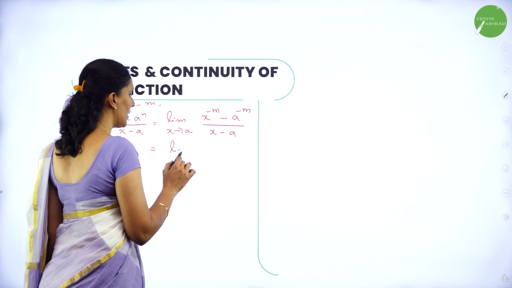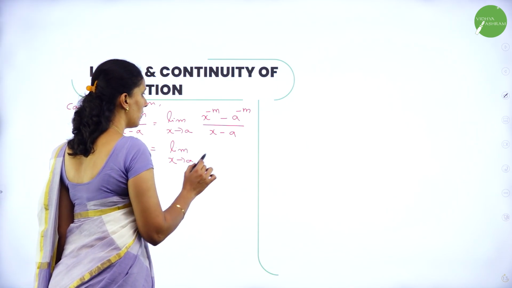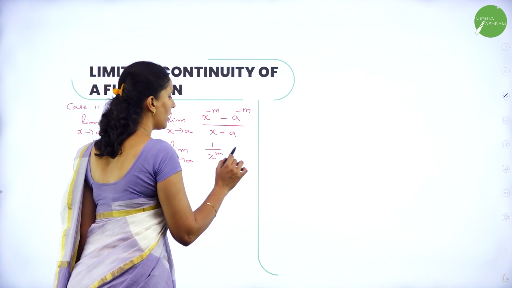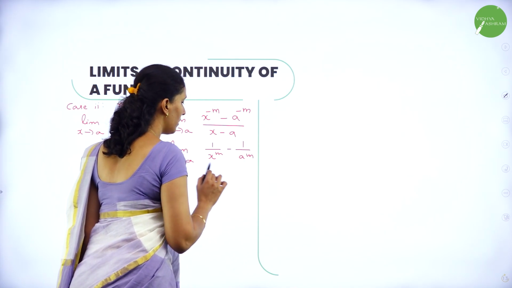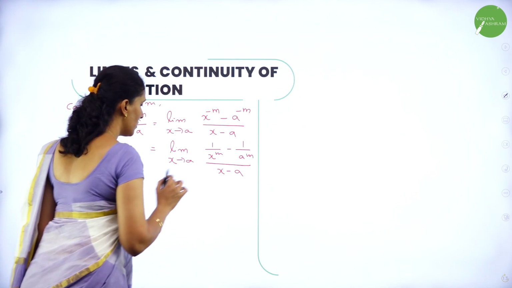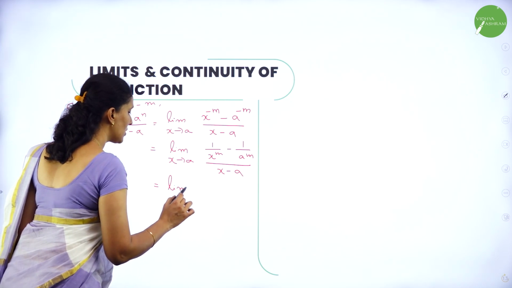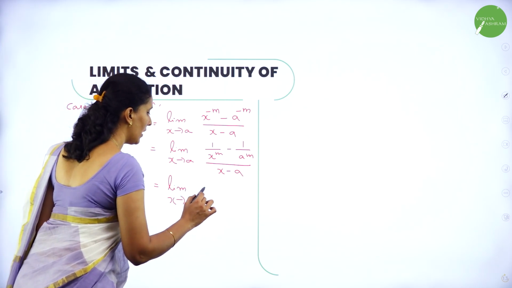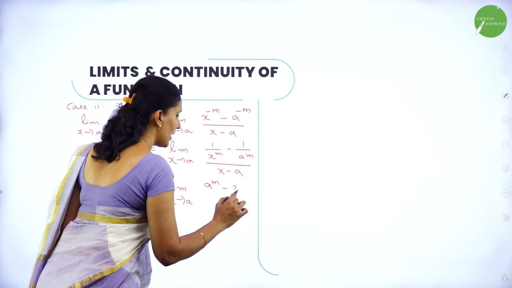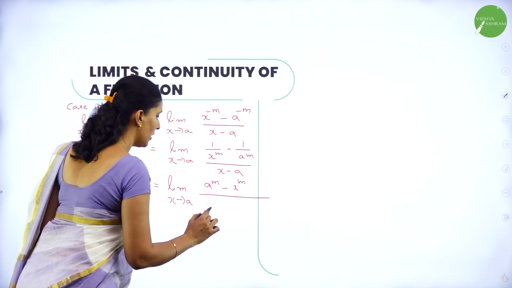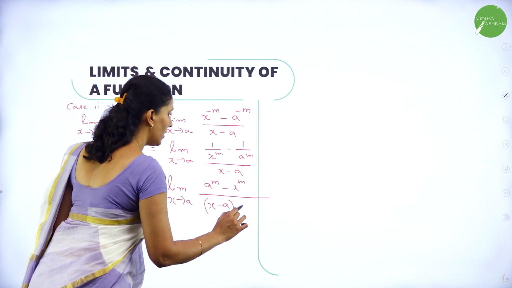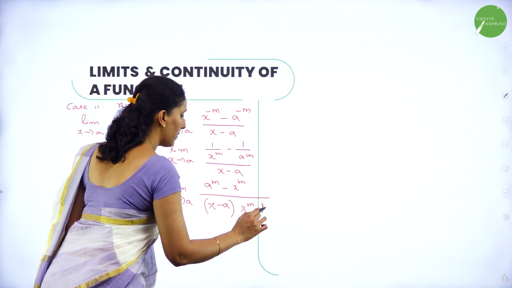So limit x tends to a, 1 divided by x power m minus 1 divided by a power m, divided by x minus a. Then on evaluating this, we will get a to the power m minus x to the power m, whole divided by x minus a into x power m into a power m.